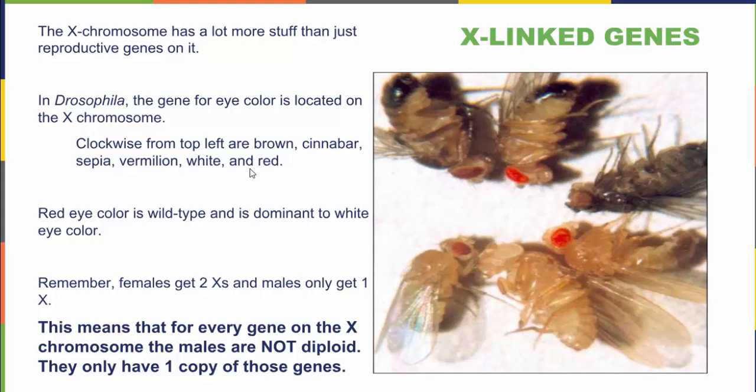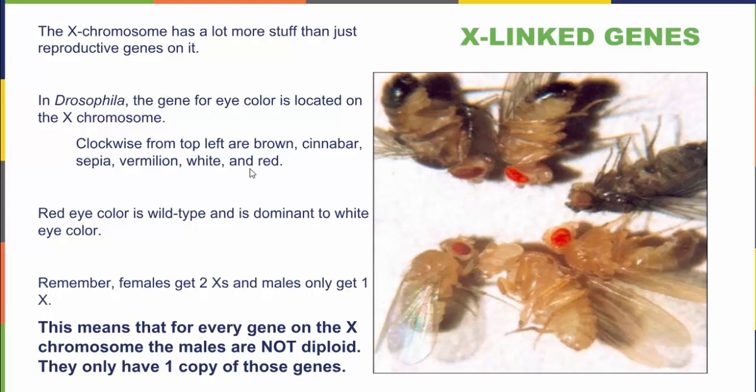The X chromosome is a large chromosome, so it has stuff that males and females need. But obviously, the males are only getting one dose. So they're not diploid. They have one dose of everything that's on the X chromosome, or they only have one recipe for everything on the X chromosome, whereas females, because they have two X's, they're diploid, okay, and so they would end up with two recipes for everything on the X chromosome.